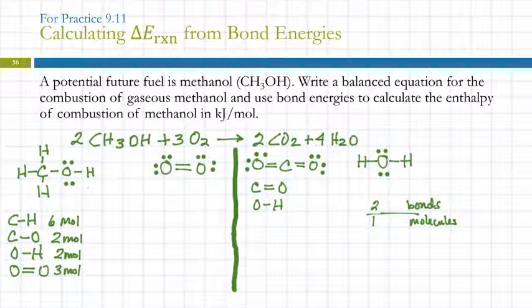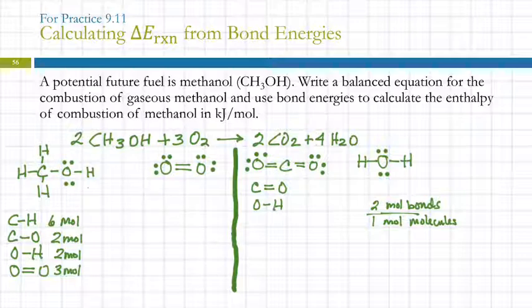Two bonds per 1 molecule. You okay with that? So if I put mole on top and mole on the bottom, the ratio is still the same, right? You okay with that? 2 moles of bond per 1 mole of molecules.